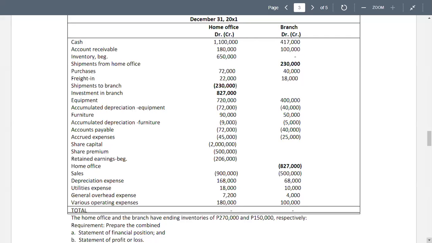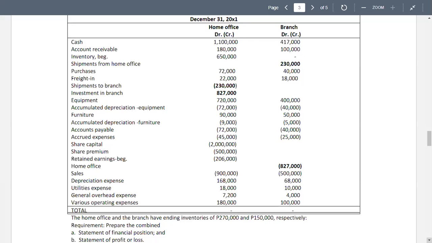Then the second entry is shipments to branch. Actually, that's a credit, so you are going to debit shipments to branch for 230,000. And we have to credit shipments from home office. Normally it's a debit, now you are going to credit.